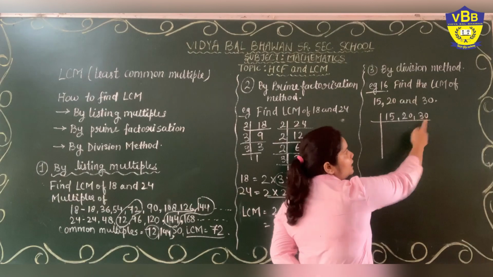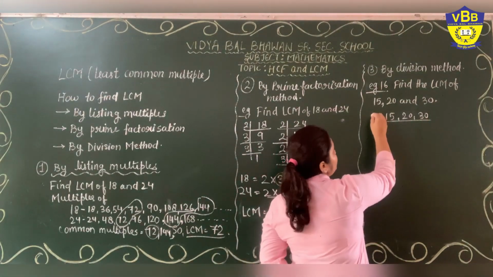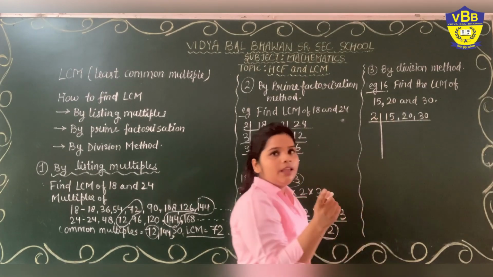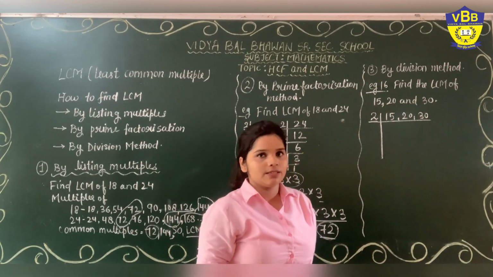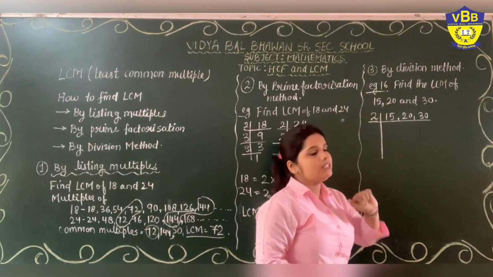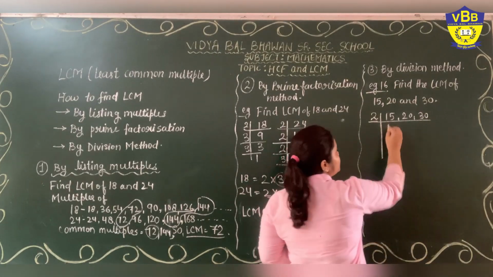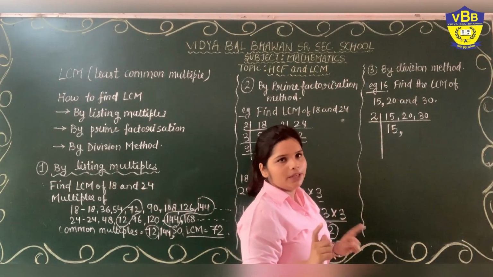But 20 and 30 are even numbers and they are divisible by 2. So we will divide the numbers which are divisible and write the numbers which are not divisible as they are. Which means 15 is not divisible by 2, so it is written as it is here.